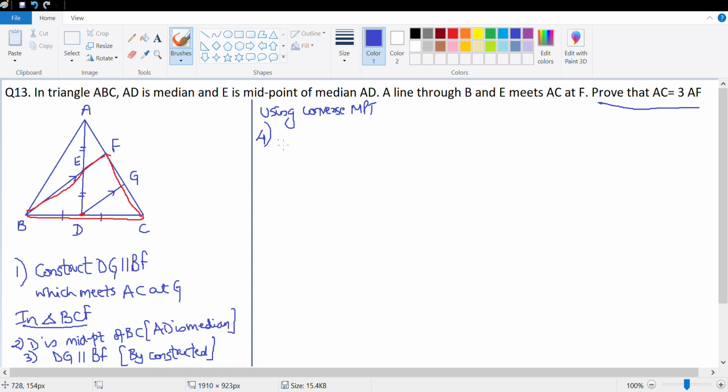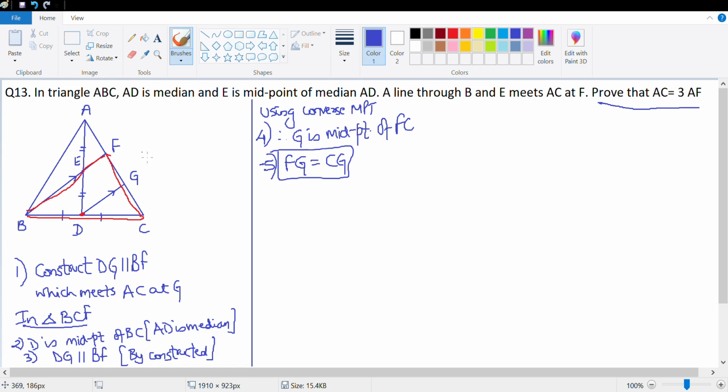So let's start writing. Therefore, G is midpoint of FC. What it also means is FG is equal to CG. That's what this means. Correct? If this is the midpoint, then this is it.